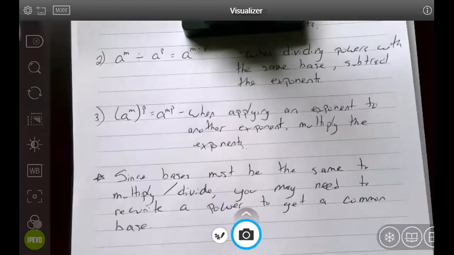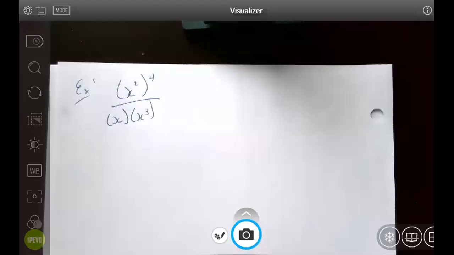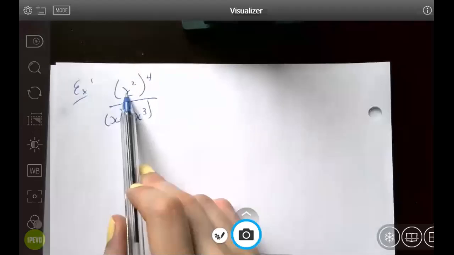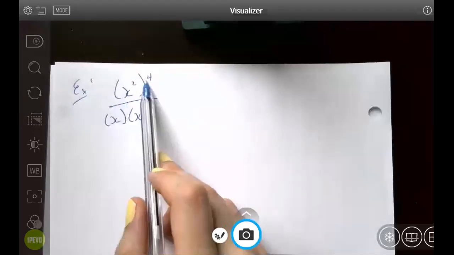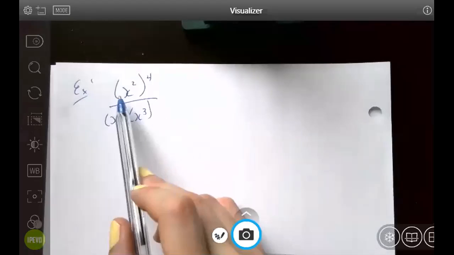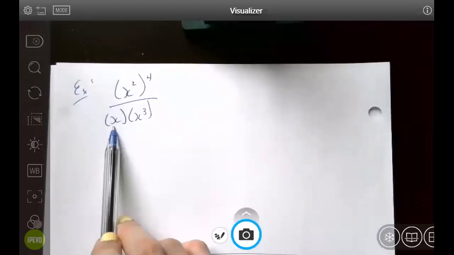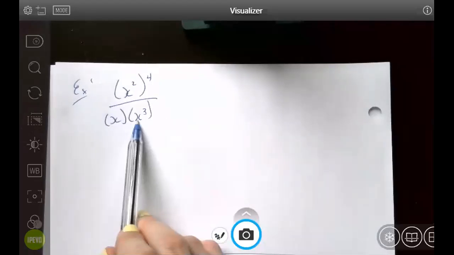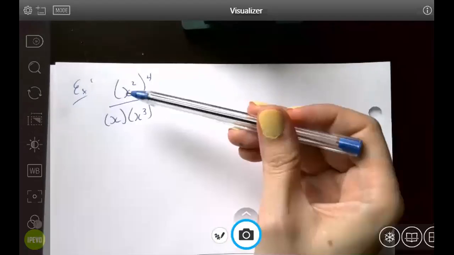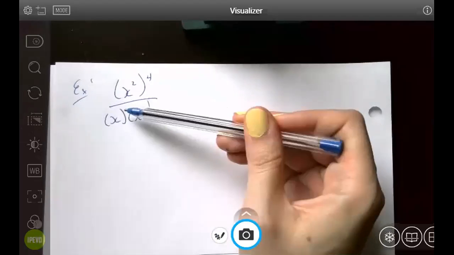So let's go through a couple examples of what this would look like. Okay, so for the first example here, I'm actually combining all 3 of those laws. On the top here, we have that power of a power situation. On the bottom here, I'm taking an x and I'm multiplying it by an x cubed. And then of course, I also have this division that's happening here.